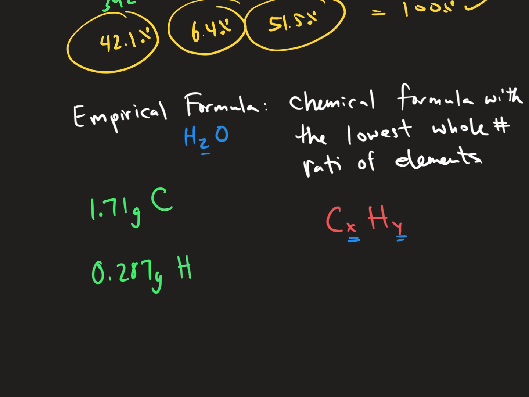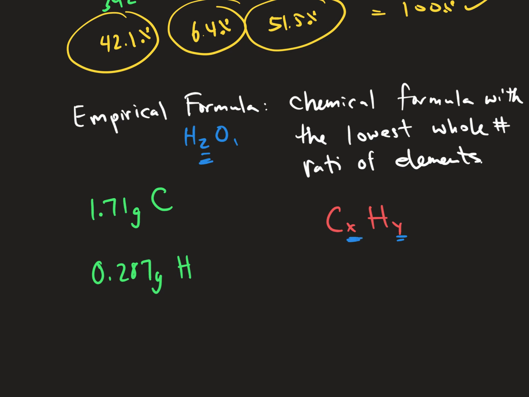6.022 times 10 to the 23 atoms is the same as what? 1 mole of that substance, right? So if we say there's 2 moles of hydrogen for every 1 mole of oxygen, is that true? It is, because the number of particles is the same in 1 mole.